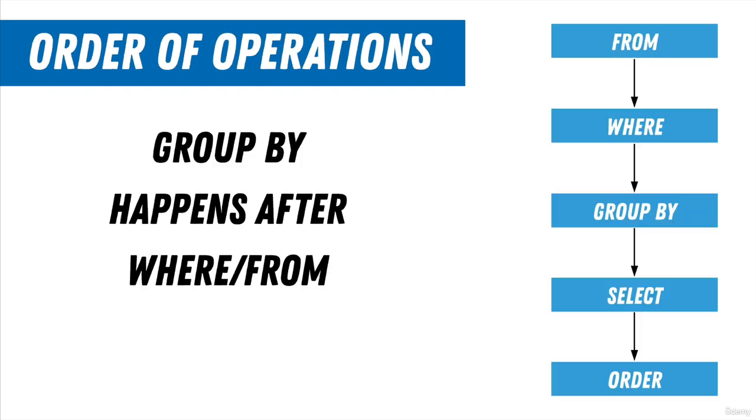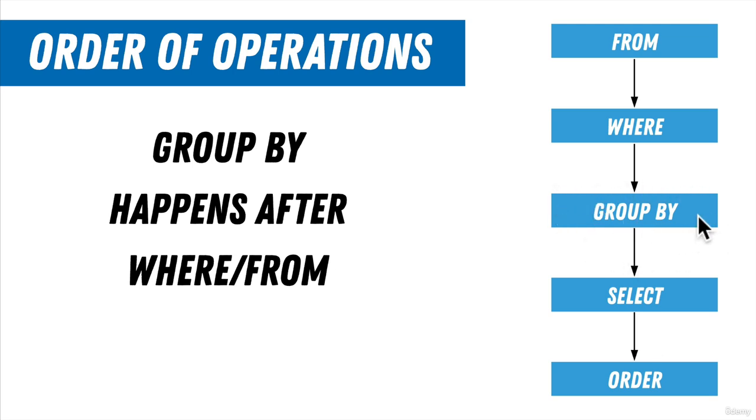So earlier in the course, we looked at the order of operations. And the order of operations is the order in which SQL does something. And what we can see here is that we're doing from, where, group by, select, and then at the end we order data. So something to note here is group by came in the middle.